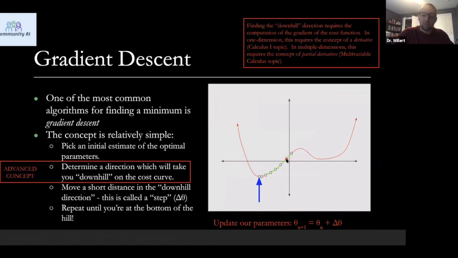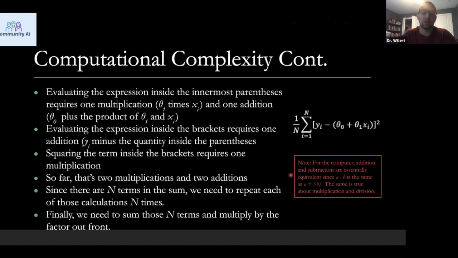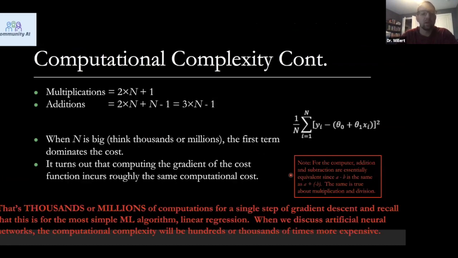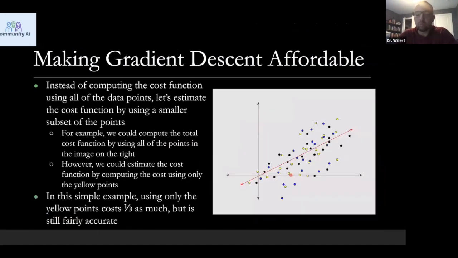So we repeat that 1, 2, 3, 4, 5, 6, 7 times. And if our data set had 1 million elements in it, that would mean we'd be doing about 14 million multiplications and 21 million additions. That's quite expensive. Again, the computer's really fast, so it can do it quite quickly. But is there a way to make this more affordable? And it turns out there is.